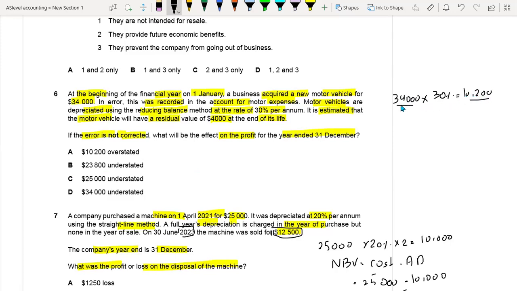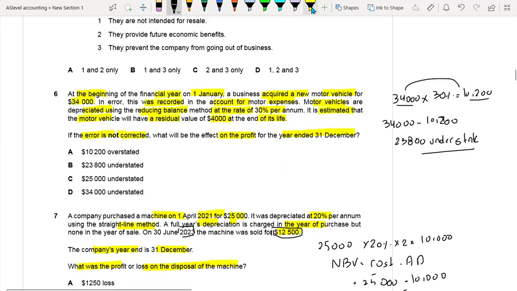So it means that your expenses have increased by 34,000 and decreased by 10,200. So the net effect would be the difference of these figures. So you have decreased the profit by 34,000, and again you have increased it by 10,200. So it means that your profit would be understated by 23,800. Understated. So it means that B option is the right option.